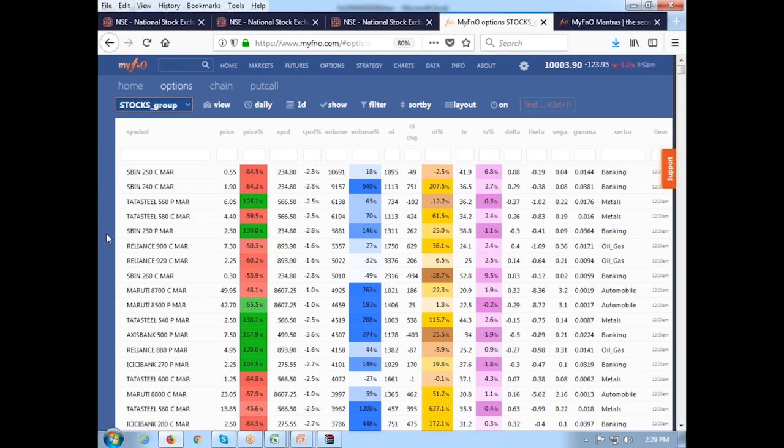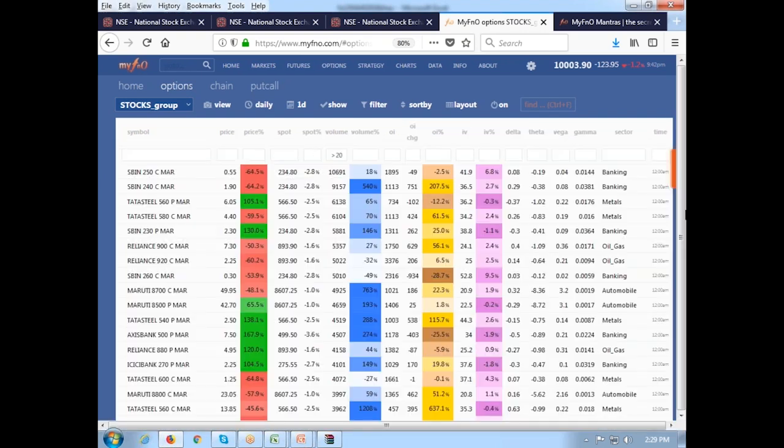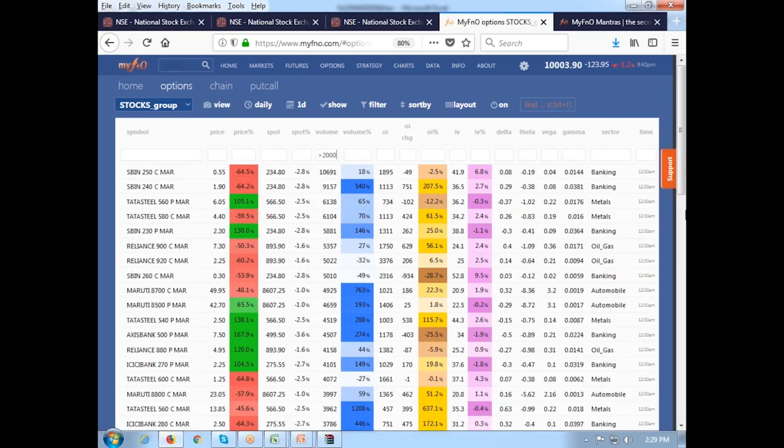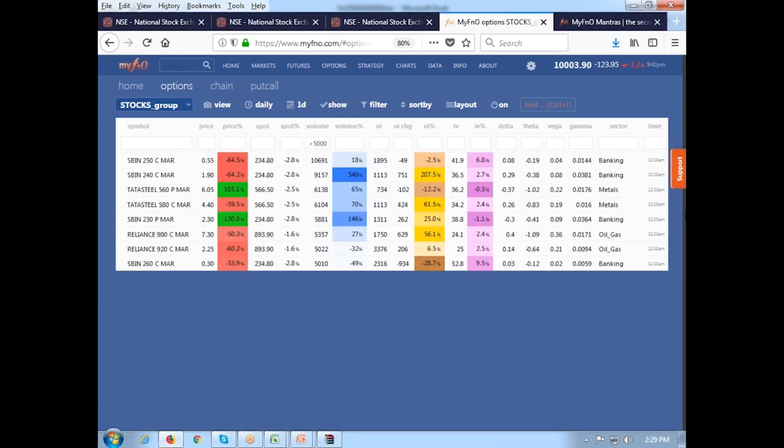Now the beauty of this is you can filter things. Now if I want to see the volume greater than 2000 and volume greater than 5000, I only want those contracts where today the volume is the highest. What I get is SBI, Tata Steel and Reliance.